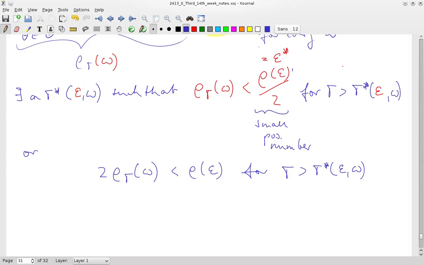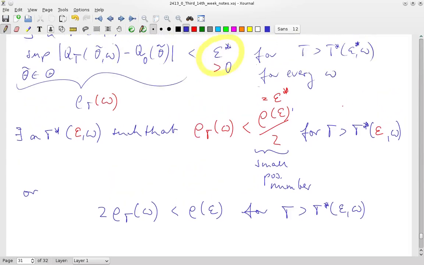Remember what rho t was. It's the sequence of suprema. And that's a convenient condition, as we shall see below.